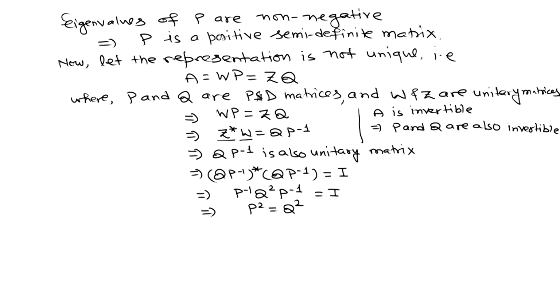So, if P and Q are positive definite matrices, then P square equals Q square implies that P equals Q. If P equals Q and P and Q are invertible, this implies W also equals Z. It means the factorization is unique. So, this is the proof of the second part of the theorem.